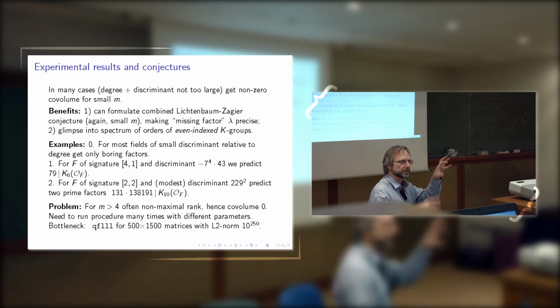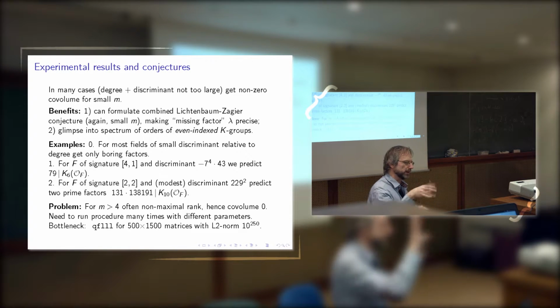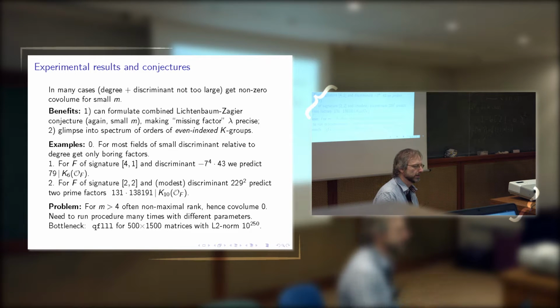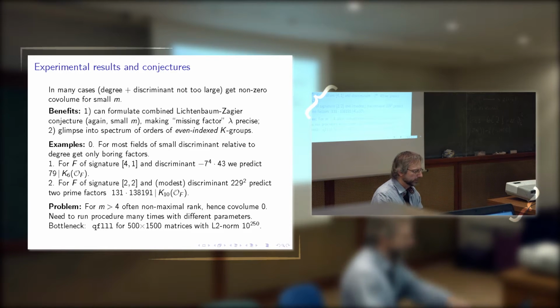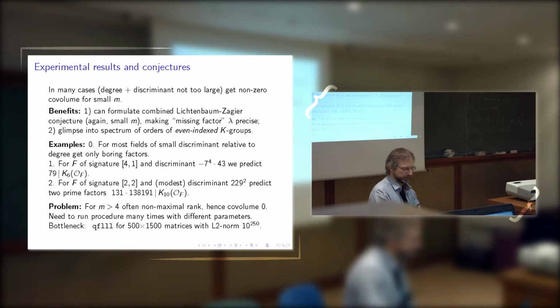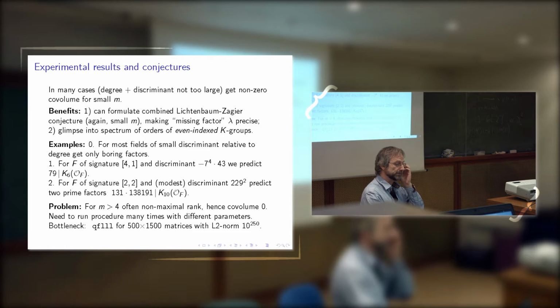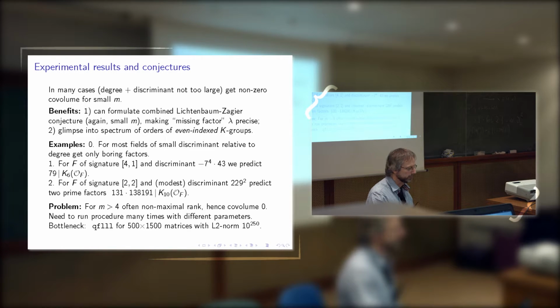Where Lichtenbaum still had these K-groups in place, replace those by Zagier's conjectural candidates for being as good as K-groups. And then one can try to make those experiments in Pari. And for small m, at least m equals 3 or 4, I think I can make that missing factor precise, and for higher ones, not yet, unfortunately.